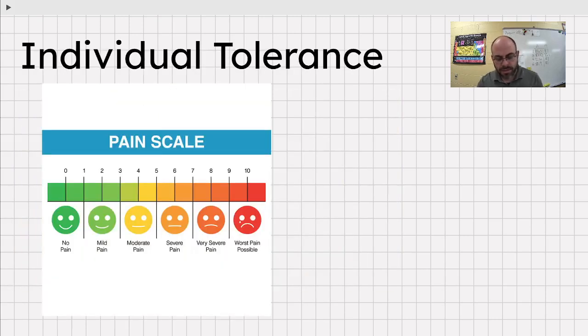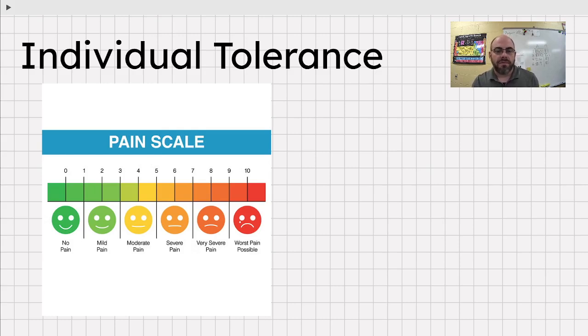So a couple ways to think about tolerance. Individuals have tolerance, like an individual whale or an individual oak tree, right? Or an individual person has a particular range of tolerance. I use the pain scale as a great example of this. If you're familiar with this, because you've probably all been to the doctor and they say, describe your pain, scale of 1 to 10, right? 10 being the worst pain possible and 0 being no pain at all.